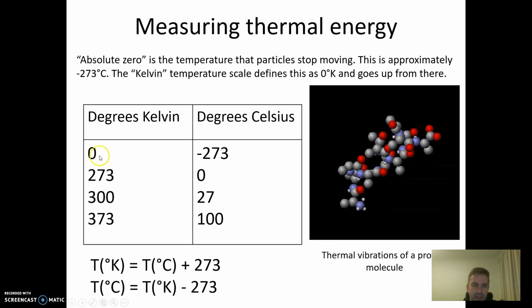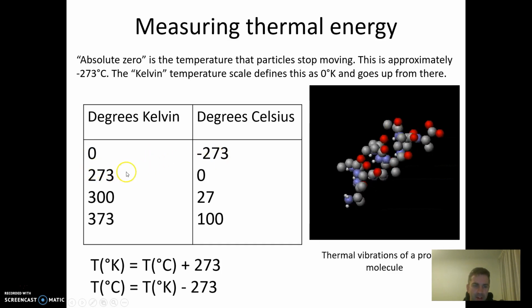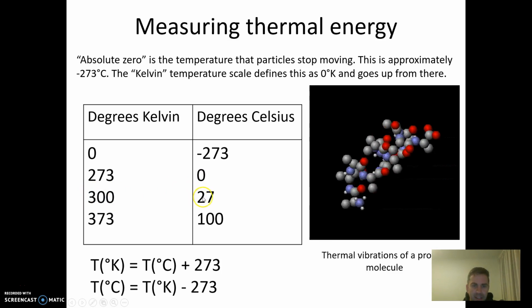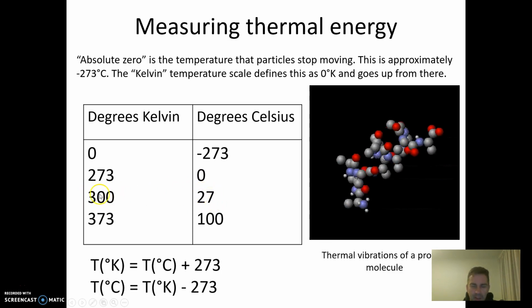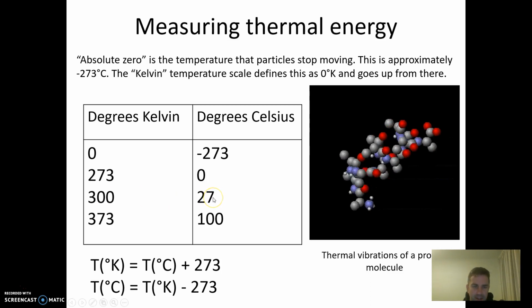As you can see in this table, at 0 Kelvin, that's negative 273. At positive 273 Kelvin, we've gotten up to 0 Celsius. 300 degrees Kelvin is about 27 degrees Celsius. You'll often see room temperature listed as 295 Kelvin, because that's about 22 degrees Celsius.